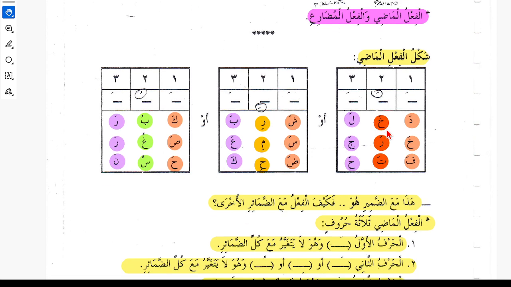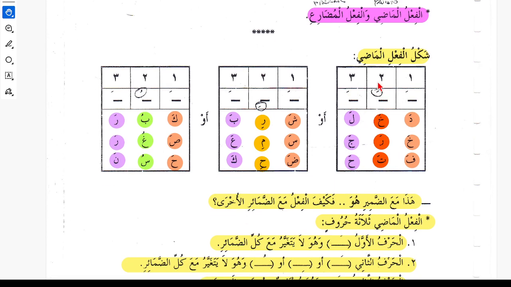So, if you look at those examples of the verbs, first thing you know is that there are three letters. The basic form of the Arabic verb has 3 letters, 1, 2 and 3. And then you would note that the first letter has the fatha on top of it, like da, kha, fa, all fatha.